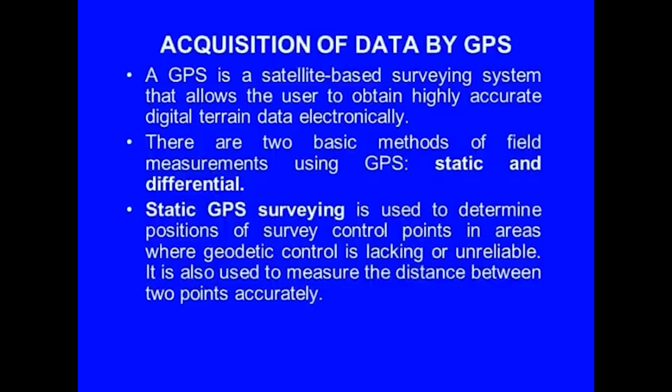Static GPS survey is used to determine positions of survey control points in areas where the geodetic control is lacking or unreliable. It is also used to measure the distance between two points accurately.